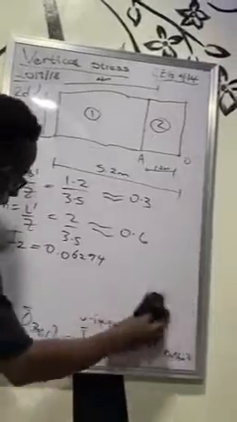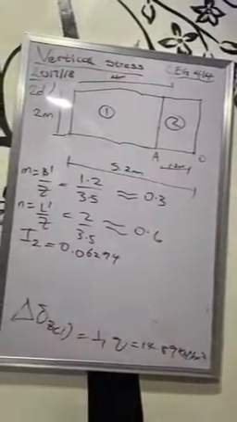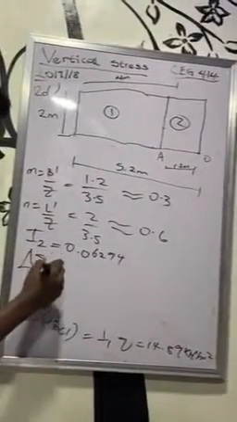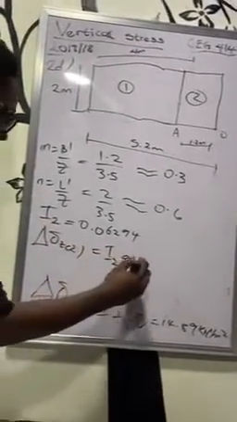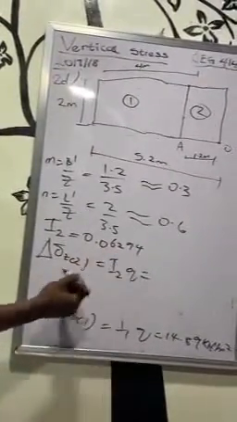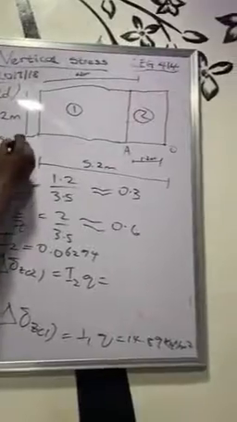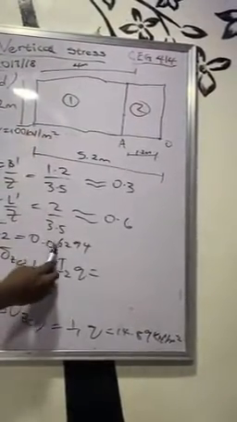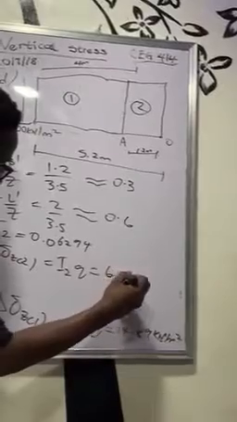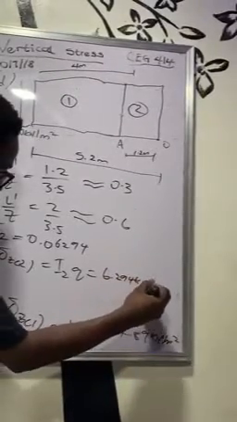And to find my change in vertical stress for the second part, just multiply I2Q. This is this times 100, because Q is 100 kilonewton per meter square in the question. So this is 6.294 kilonewton per meter square.